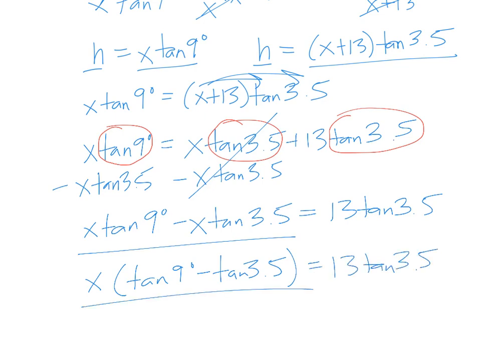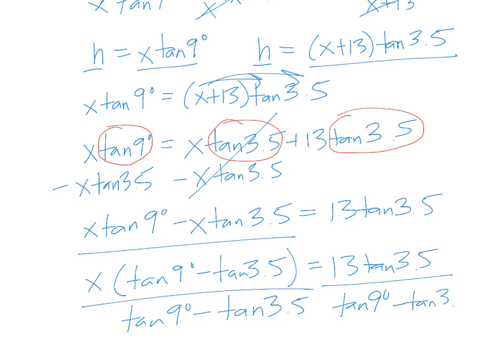Now I can isolate x. Divide by tangent 9 degrees minus tangent of 3.5 degrees on both sides. So I've isolated x now.